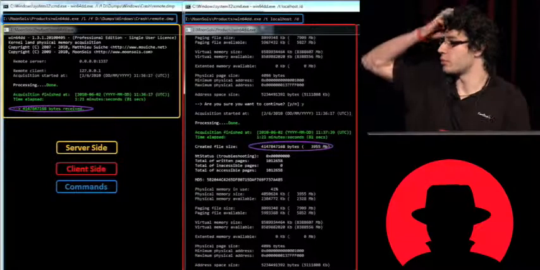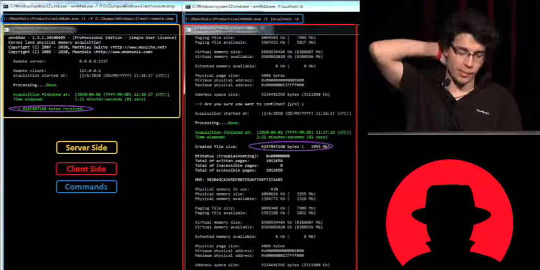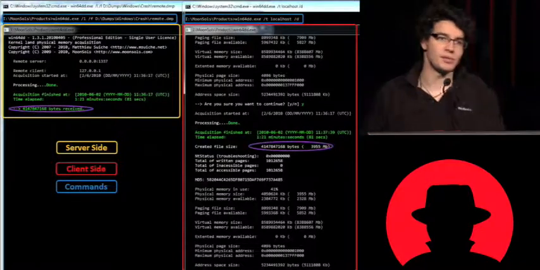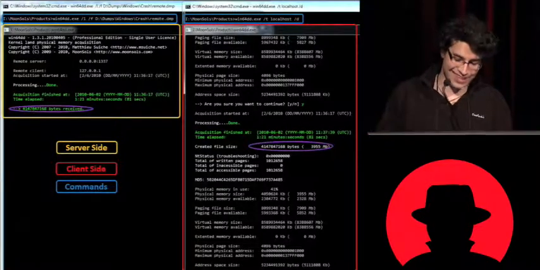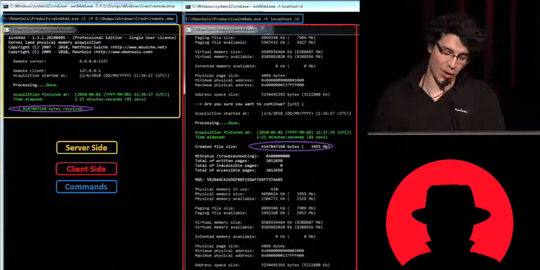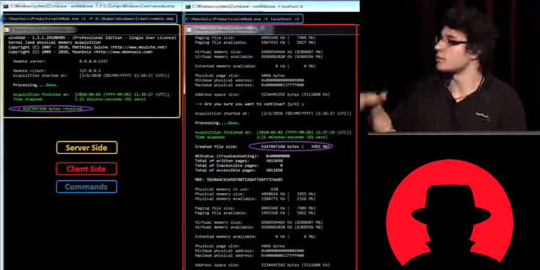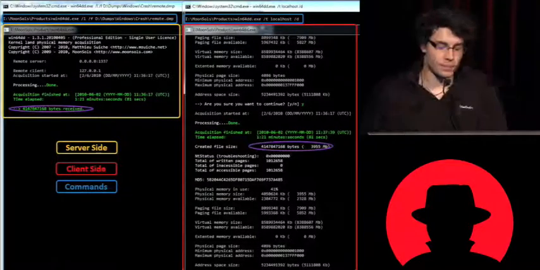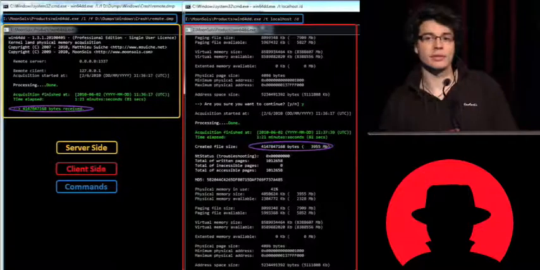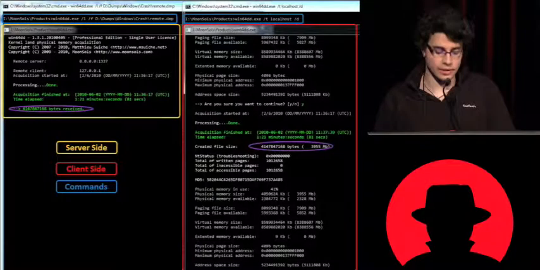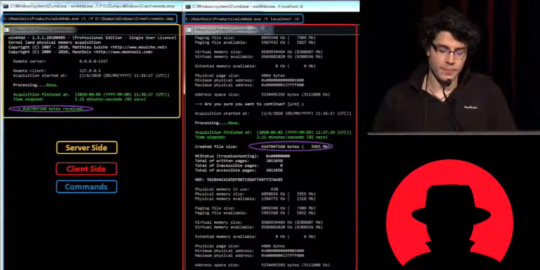So here is a screenshot of a remote acquisition of a memory dump. As you can see, I'm really lazy, so I'm using localhost as a server. But still, this is what you can see when you are using WinDD. In the right part of the screen, we have some memory statistics regarding the memory usage, the memory size, the physical address size, this kind of stuff. We can also have the hash of the memory dump.